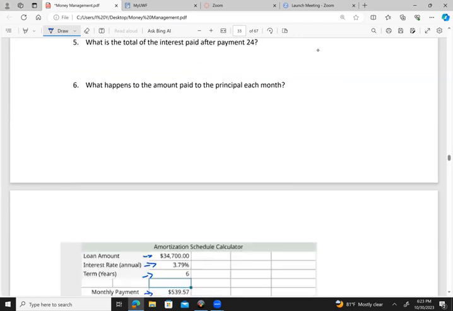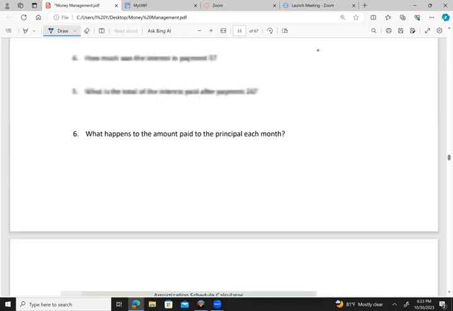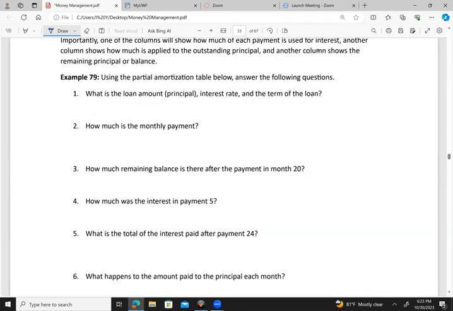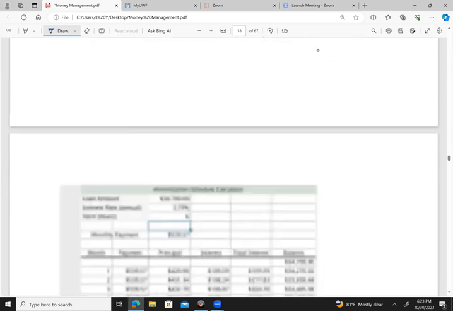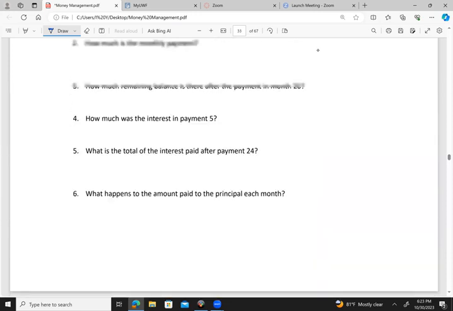So going back, I have 34,700, 3.79%, and the term is 6 years. How much is the monthly payment? Well, it's right here, $539.57.